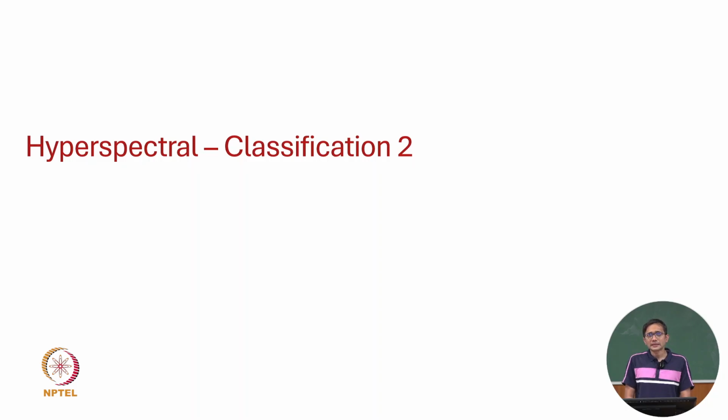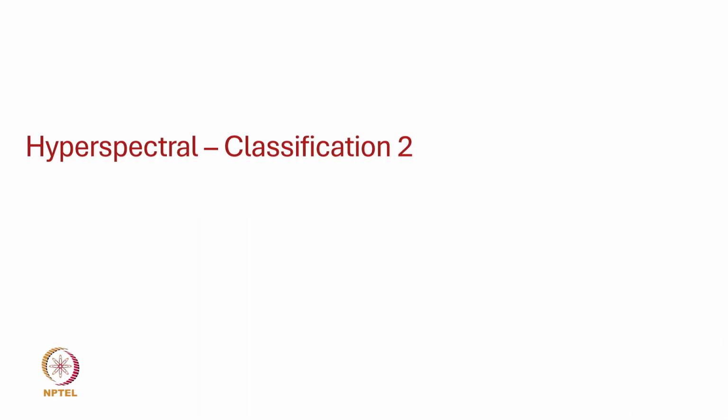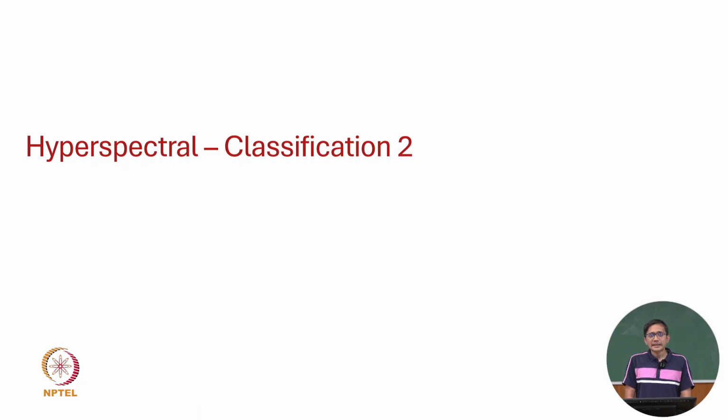In today's lecture, we will take forward our discussion. We will discuss yet some variation in the architecture, and eventually we'll discuss hyperspectral image classification or hyperspectral image analysis with self-supervised learning or under semi-supervised learning, and why they are of interest to us.